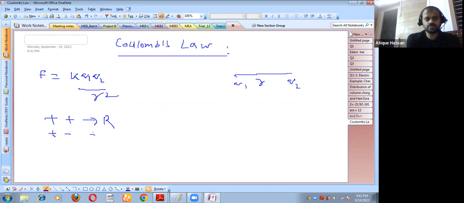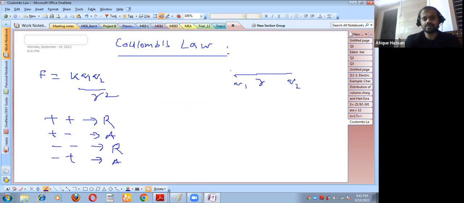If charges are positive and negative, force is attractive. If both the charges are negative, force is repulsive. And if the charges are negative and positive, then again force will be attractive.